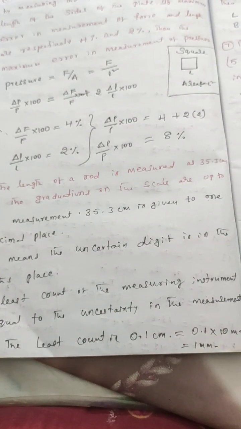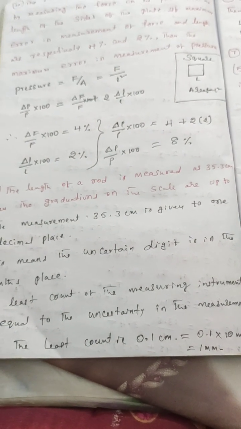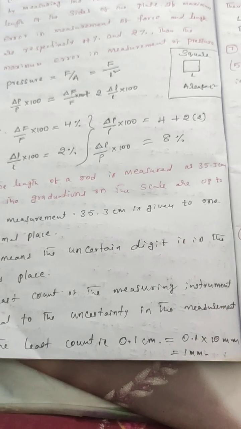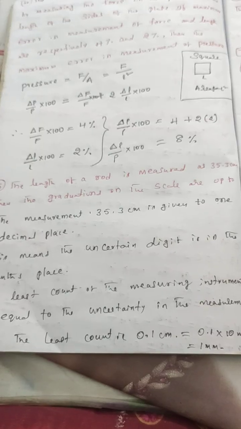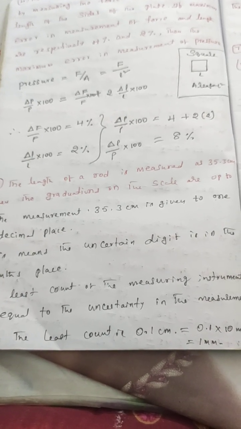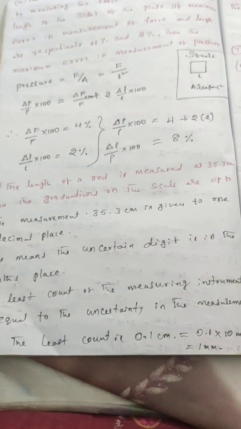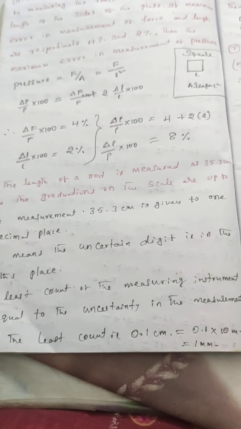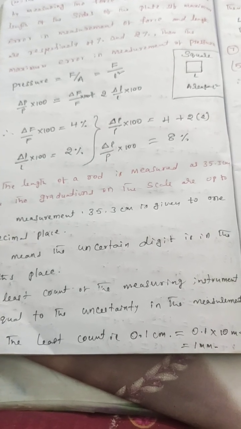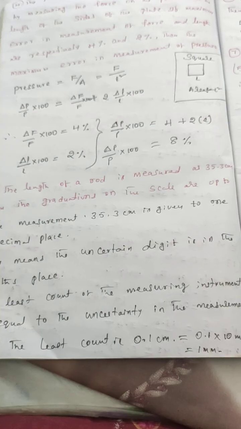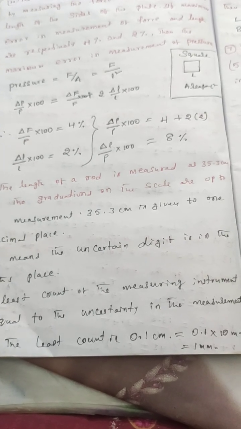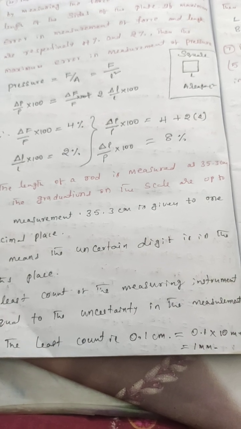Next, the length of the rod is measured as 35.3 centimeters. Then the graduations on the scale are up to? Here graduations means least count. How small a measurement will we do? 35.3 centimeters means up to 1 centimeter, and 0.1 centimeter is the smallest we will measure.